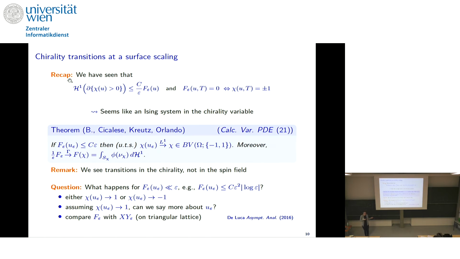So in a similar spirit as for the classical XY model energy, the idea is to compare the antiferromagnetic XY model energy with the ferromagnetic XY model energy. Now, of course, on the triangular lattice, but I showed you the ferromagnetic on the square. For the ferromagnetic, the square and the triangular, the behavior is similar. It's the antiferromagnetic which changes.